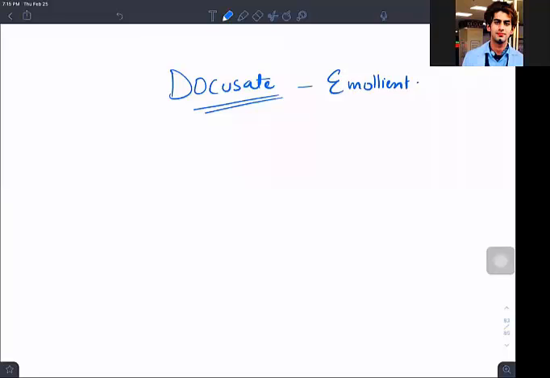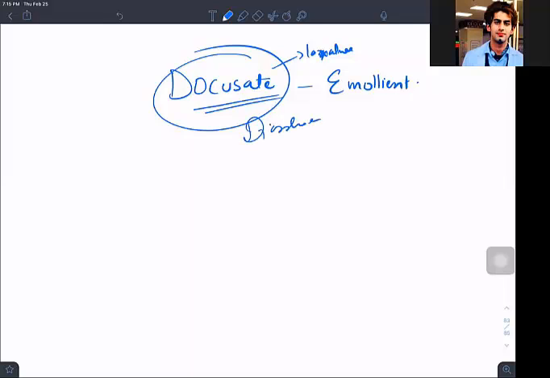Okay, but there's a problem with its use, because it's a laxative, isn't it? What is the problem? It causes diarrhea, and it can also cause metabolic alkalosis. Okay, metabolic alkalosis. So can you tell us some osmotic laxatives?